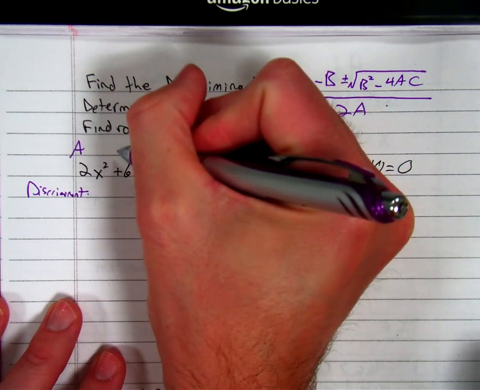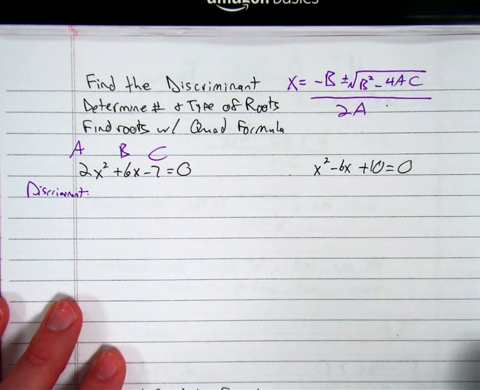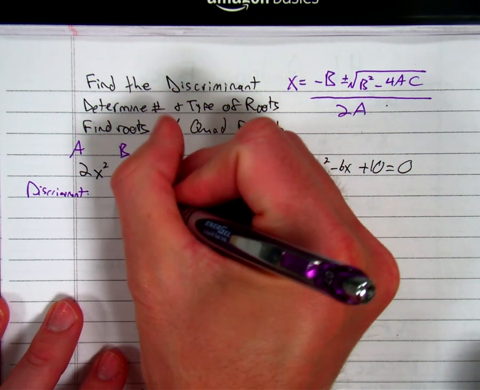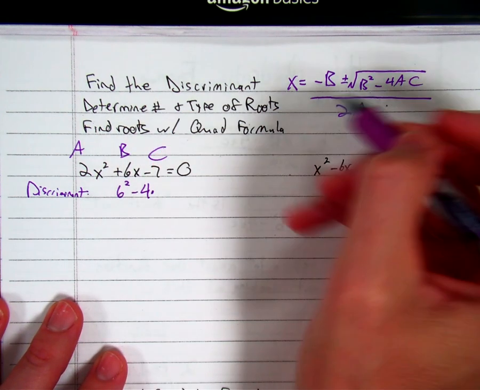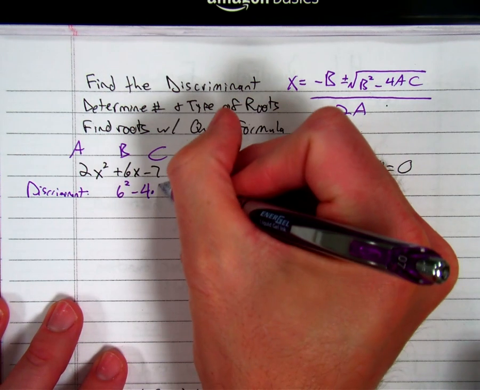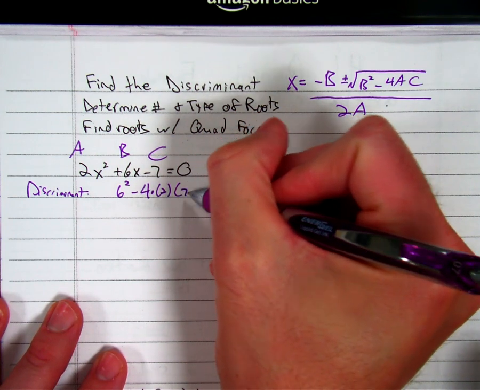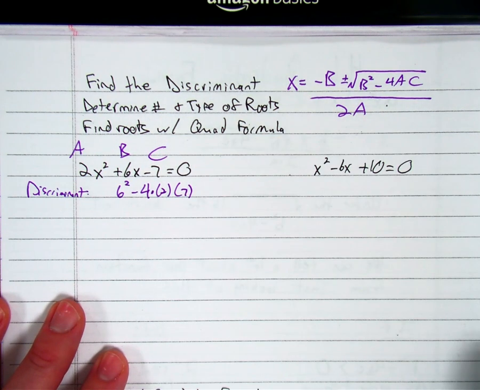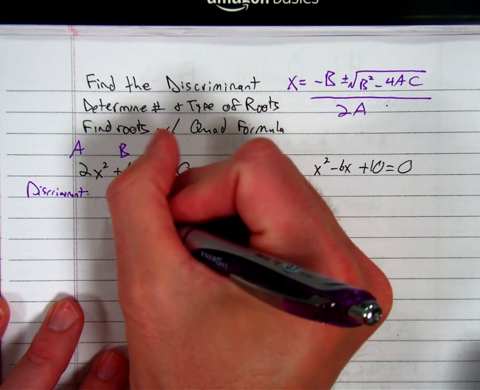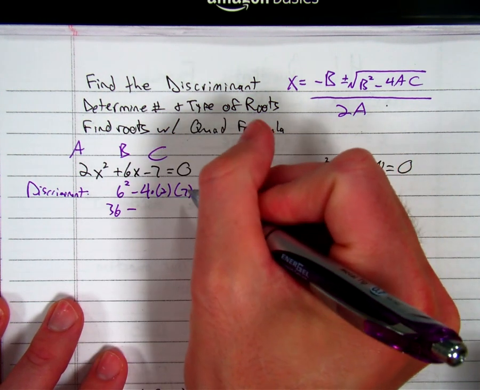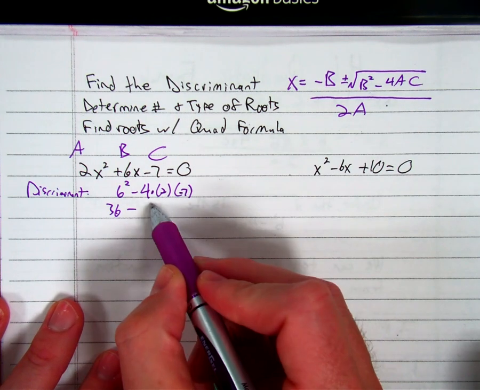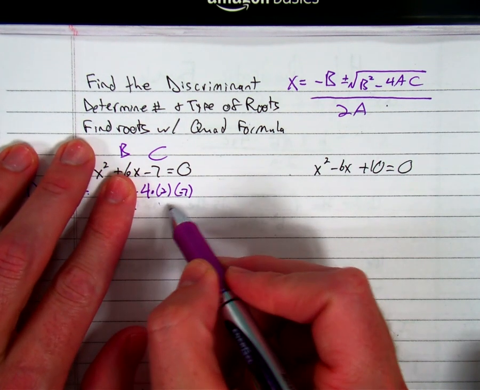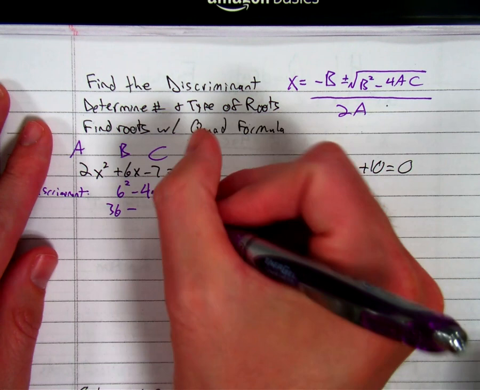If I'm looking at this first problem, here's my a, b, and c. So we're going to have b squared, so it's going to be 6 squared minus 4. That 4 is always part of the equation, times our a, times our c. So we will have 36 minus, this is a negative 7, Mr. Handke, minus 4 times 2 is 8, times negative 7 is negative 56.